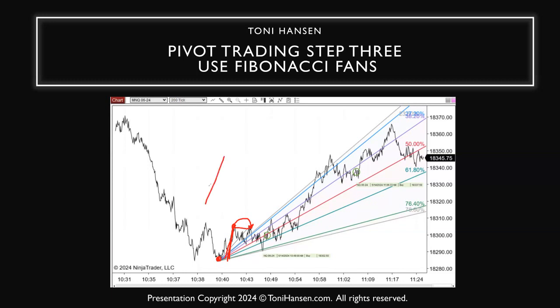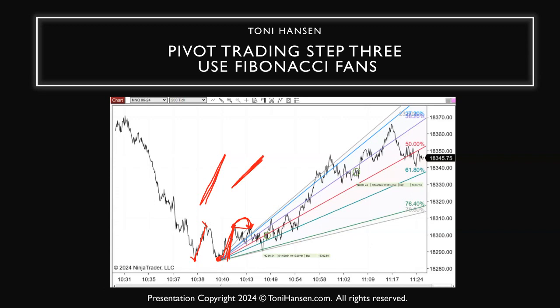So for an extreme momentum impulse move, for example this here, you wouldn't want to be using this for a fib fan. It is just simply too strong. What you're looking at for a fib fan is an average impulse move, not a stronger than average one. So if it's stronger than average, if you see those two highs, drag it over to the second high and use that instead.